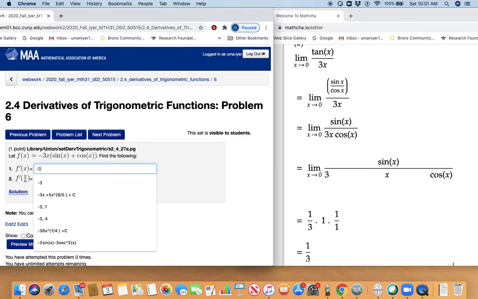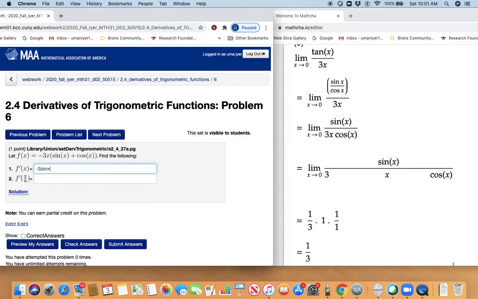I will say negative 3 times the derivative of the first, that is 1, second as it is, minus first as it is, times the derivative of the second. The derivative of sine is cosine x. The derivative of cosine is minus sine of x. Okay, and I'm going to evaluate all that at pi over 6.